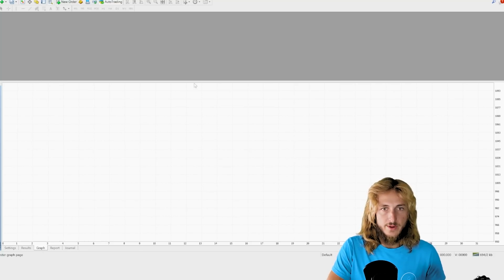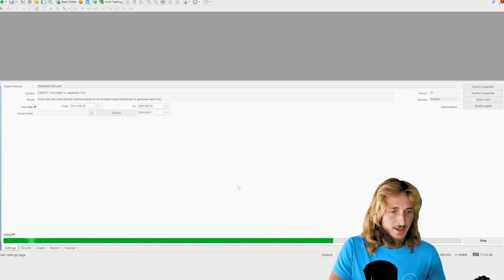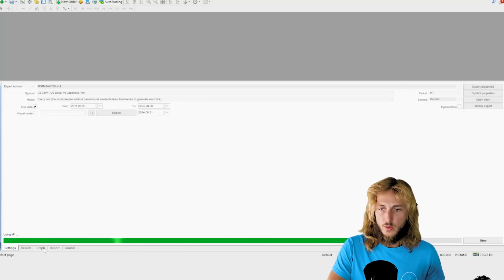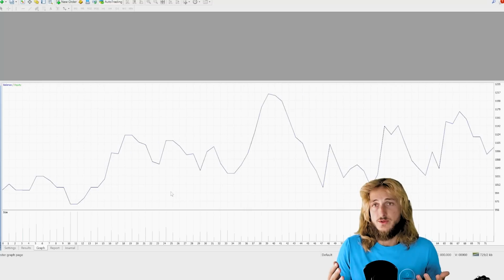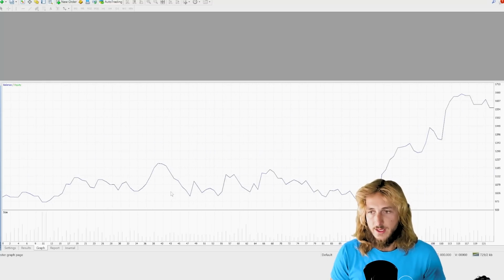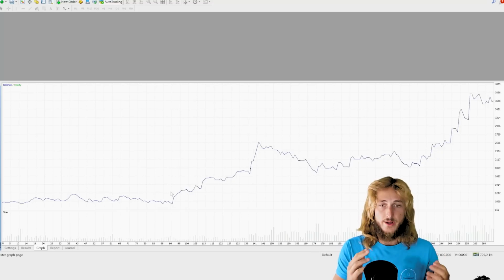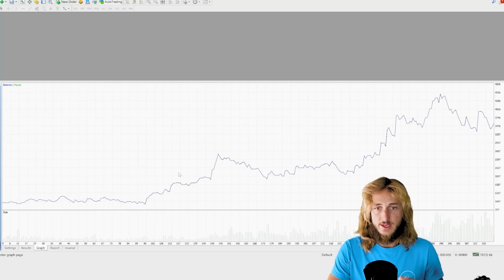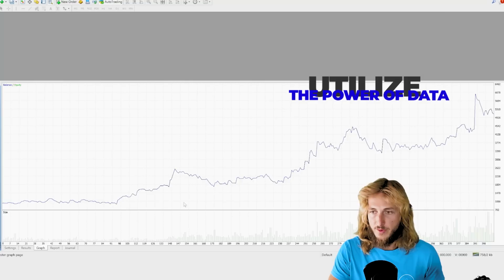So I have here the graph open, and then we will see the entire power of compounding over 10 years with this algorithm running on past data, which is as close as we can get to essentially simulating past performance, taking an algorithm and then running it over past data. That is the best way to develop trading strategies, in my opinion.